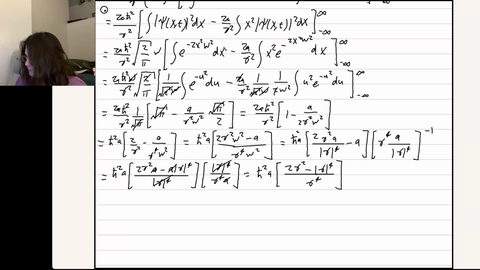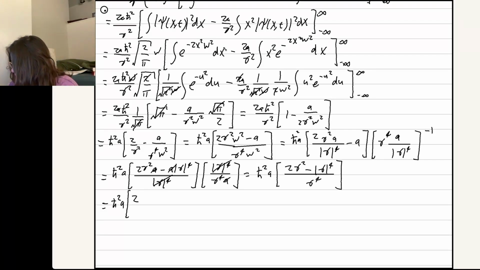Now, why is this equal to 1? So gamma, as defined a long time ago, was just the square root of 1 plus 2i h bar at over m.